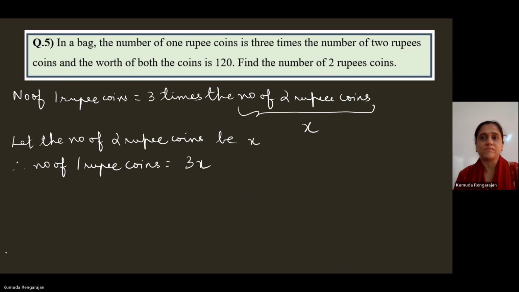We have 2 rupee coins, and the number of 2 rupee coins into 3 is the number of 1 rupee coins. So let the number of 2 rupee coins be x. X into 3, 3x, is the number of 1 rupee coins. This is given very clearly in the question.